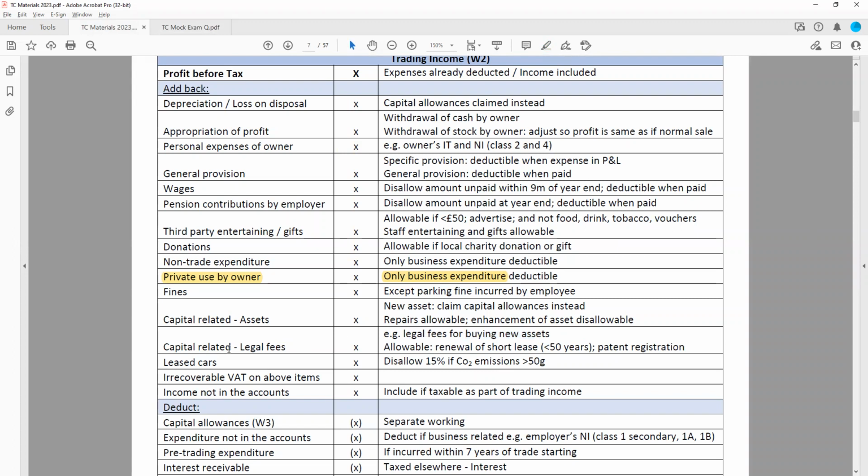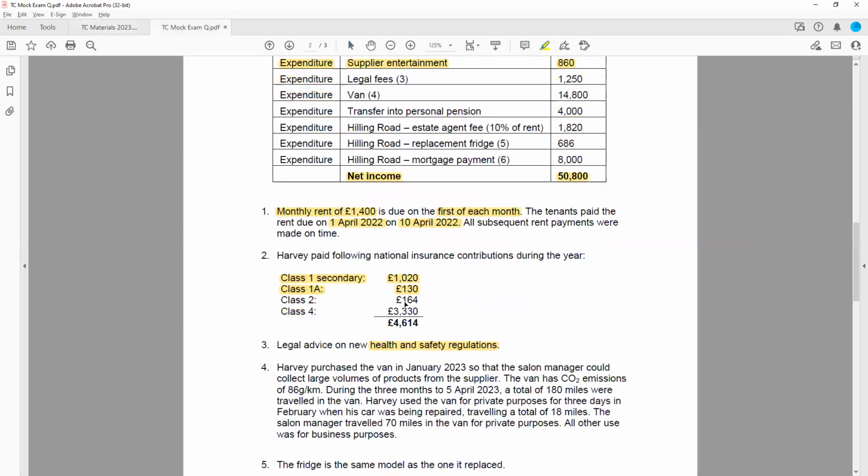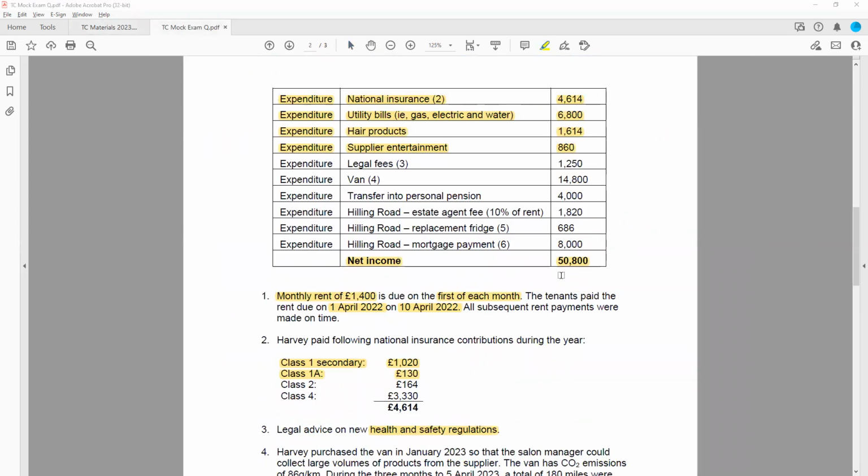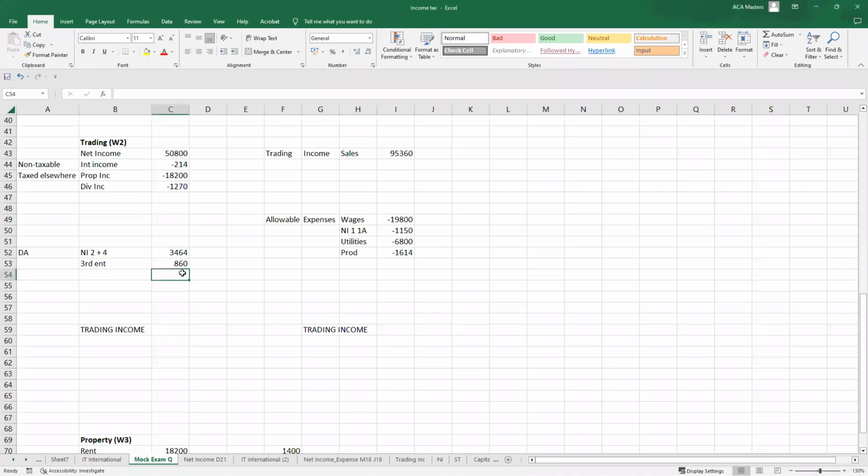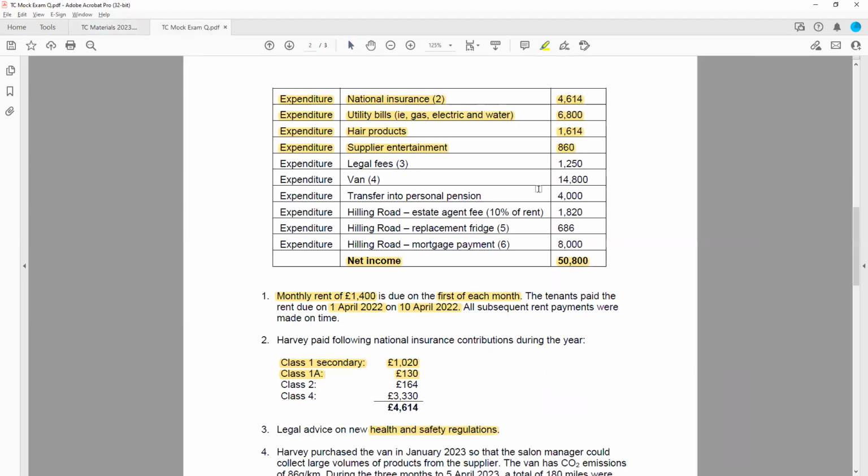If so, it's capital related because it relates to an asset and therefore disallow it. But this isn't. This is health and safety regulations, which presumably is entirely relevant to the hair salon business. They obviously need to comply with that, and they've needed to take some legal advice on that. So that would be an allowable expense. Because it's already been deducted, if we were using the other method, do nothing.